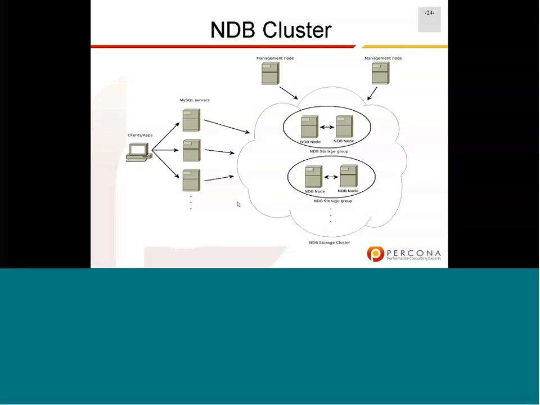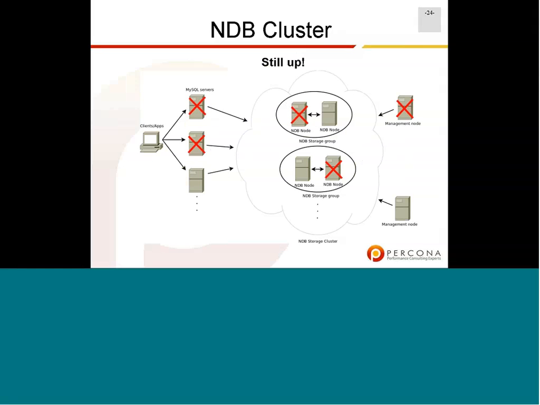the NDB world. Everything within an NDB cluster can be removed without failure. Everything is redundant, so it's fairly elegant. If you look at a possible failure scenario, you could lose as much as, in that case, 1, 2, 3, 4, 5 servers.